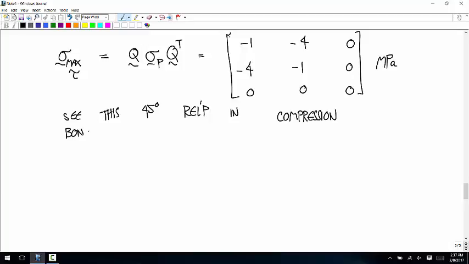Well, you see it in engineering materials too, but you see it in bone fractures. This is something orthopedic surgeons are used to seeing. Fracture.